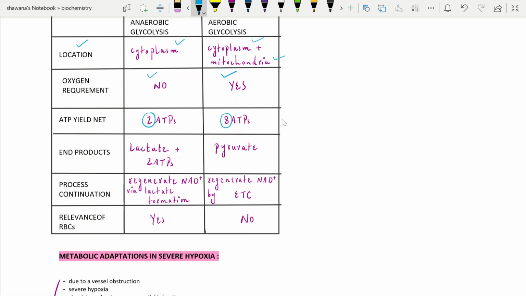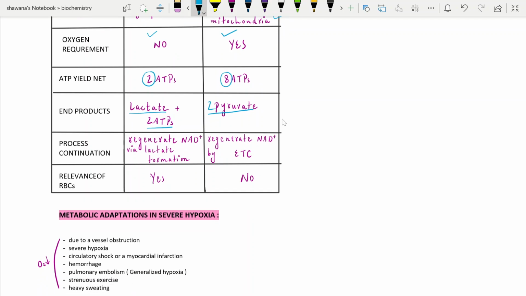End products: in aerobic, 2 pyruvate molecules plus 8 ATPs. In anaerobic, there will be 2 ATPs plus lactate because pyruvate was converted into lactate. Process continuation: NAD positive will be regenerated from the conversion of pyruvate to lactate, yes, we have discussed that. But in aerobic, NAD positive will be regenerated by the electron transport chain. I have told you that.